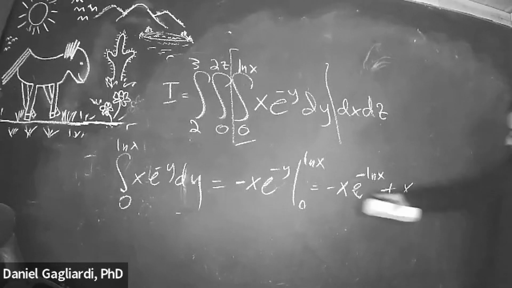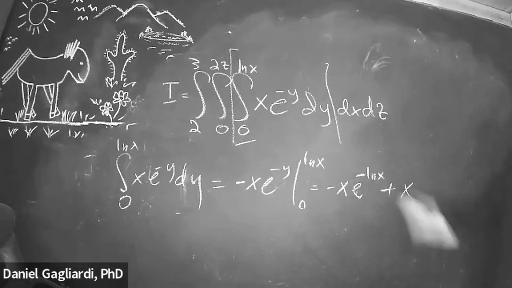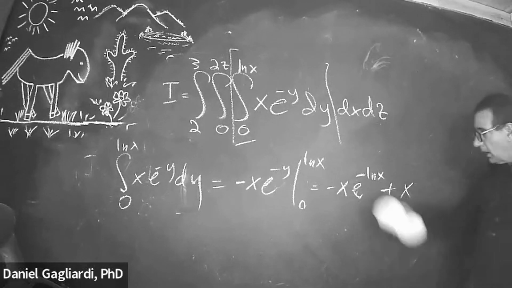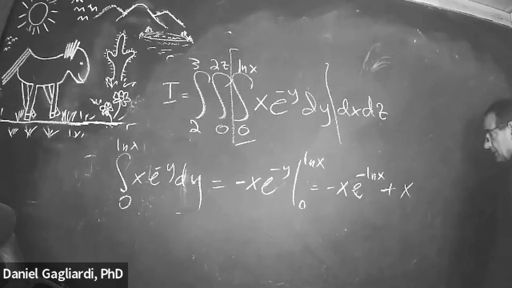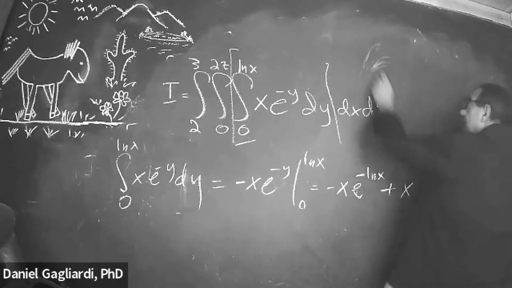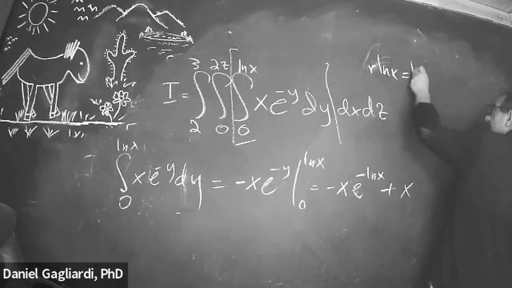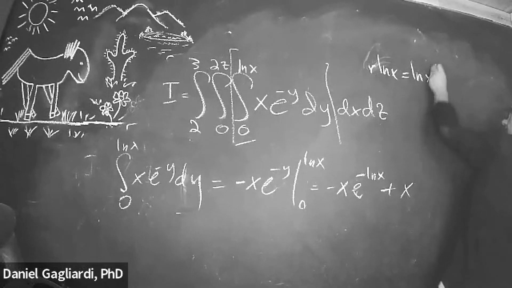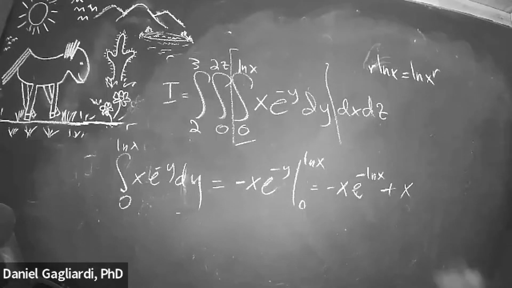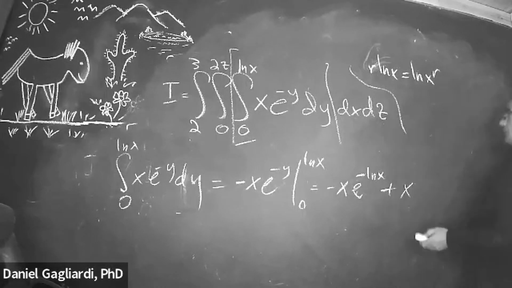All right, so let's evaluate this e to the negative ln of x. You will probably recall the property of the natural log that if you have r times ln of x, that can be written as ln of x to the power r. So the r can come out in front as a coefficient of ln of x. We also have another property that could be useful here.